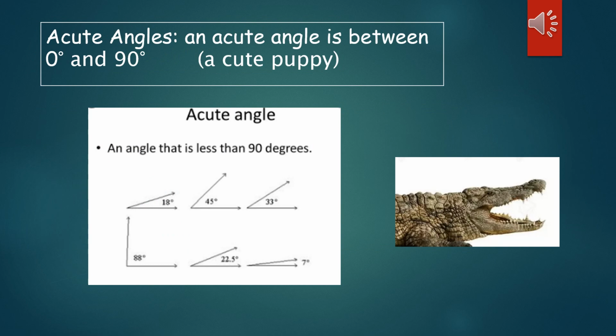An acute angle is between 0 and 90 degrees. So it is from 0 degrees and it's smaller than 90 degrees. Remember, 90 degrees means it's a right angle. An acute angle you can remember by saying it is an acute puppy. It is a cute puppy.